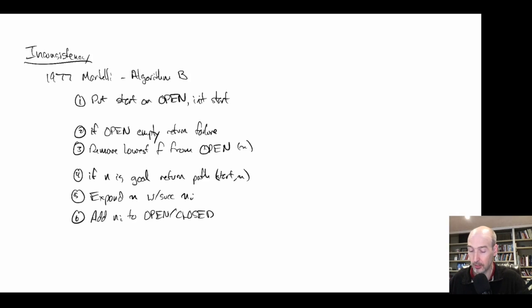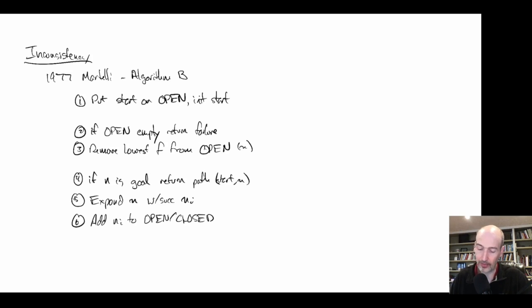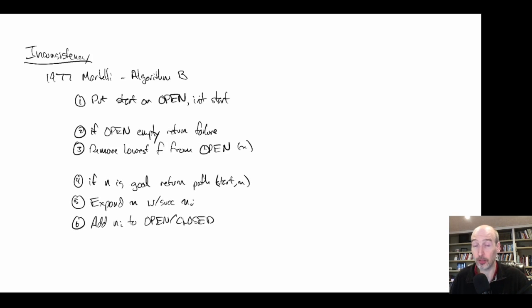We do have the option here, which we didn't think about before, that when I find a shorter path to a state that is on the closed list, I have the potential of re-expanding that state. If I do find a shorter path, I will expand it. So this is A star as we normally see it.